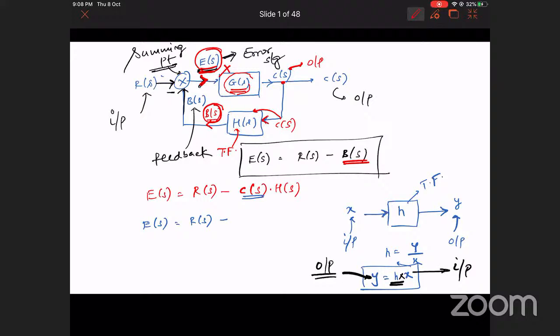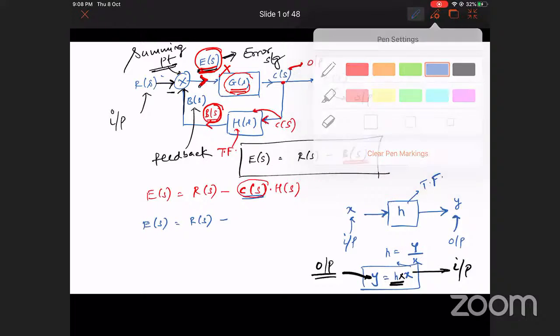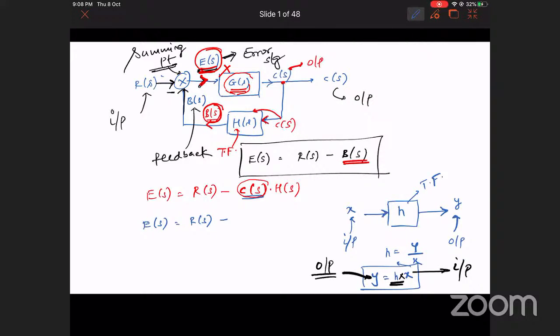So I'm going to replace this C of s. Can anybody tell me what C of s should be replaced with? Very nice, E of s into G of s, guys. Very nice.